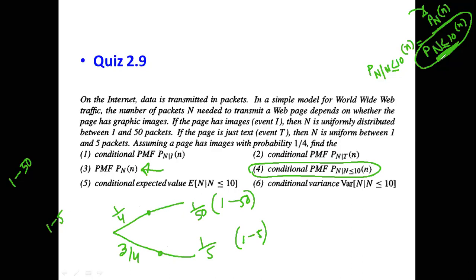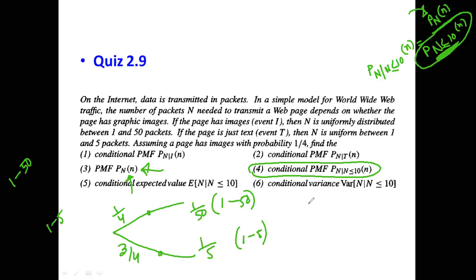Because from n equal to 1 to 10, then what will happen? I think it is something like 1 to 5 and then 6 to 10. We have found out this probability of n.